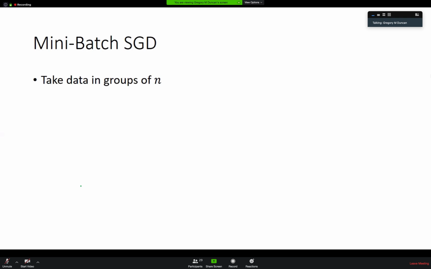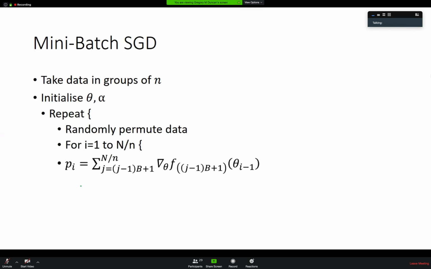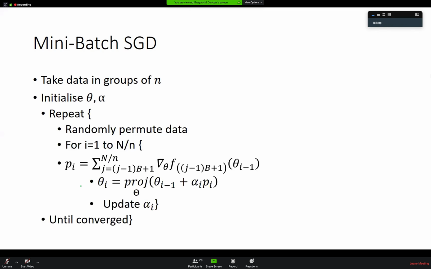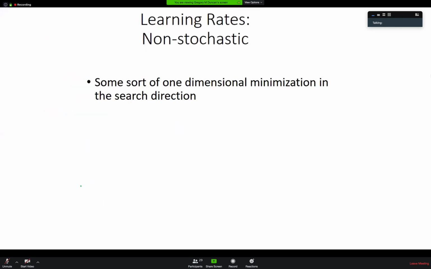Mini batch stochastic gradient descent: you take data in groups of n, initialize, and repeat again. Learning rates, this is key. You need some sort of one-dimensional minimization in the search direction. I mentioned that before. Direct search means you just go along until you start going up.